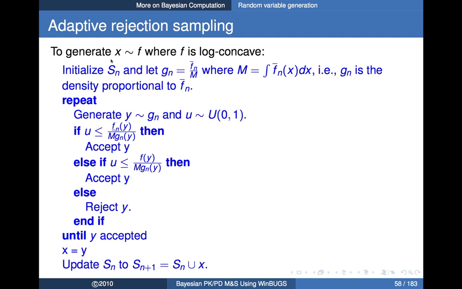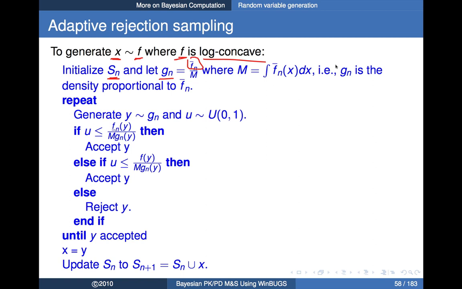So again, we're going to want to generate some random variable x distributed according to our density f, but we're going to restrict f to be log concave. We initialize that set of increasing x values that we called s sub n, and then we're going to define a density that we're going to call g sub n, and it's just going to be proportional to our f over bar n.